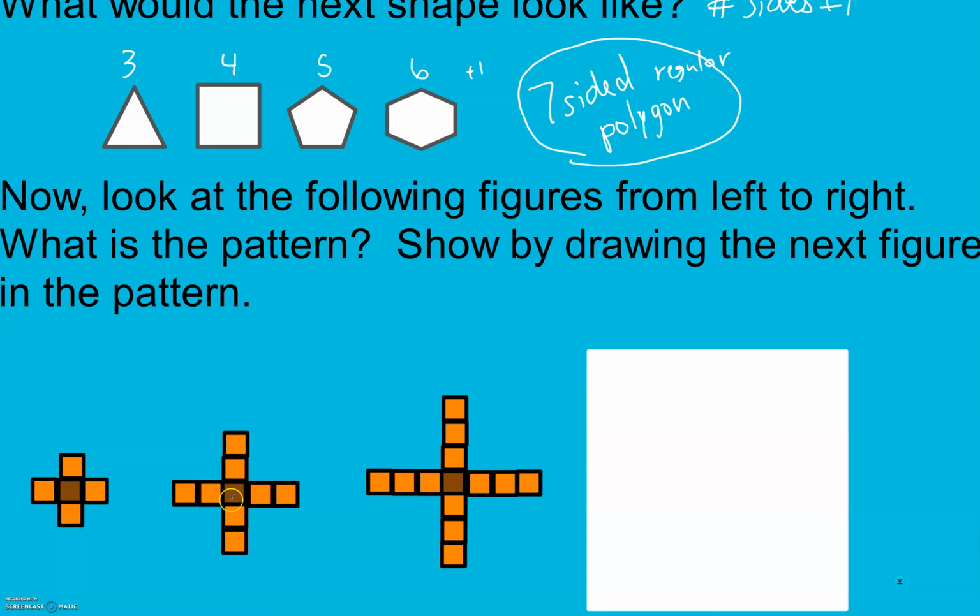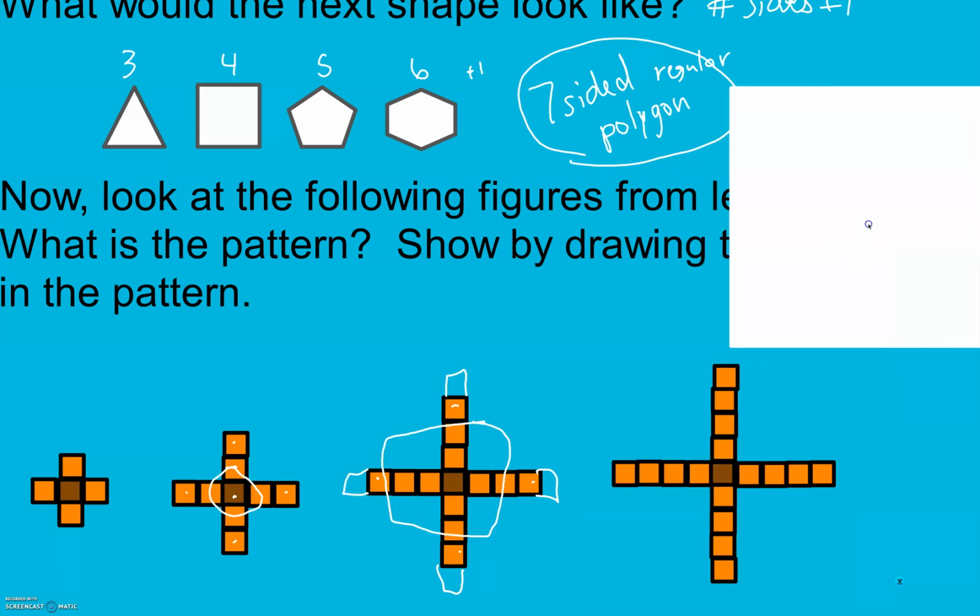We kept the brown square in the middle and that first set of orange, and then we added another set of orange. Now we kept our second figure and we added another set of orange. So if we look at this, on our next figure, we're probably going to add 1 to each side, and it's going to be orange.